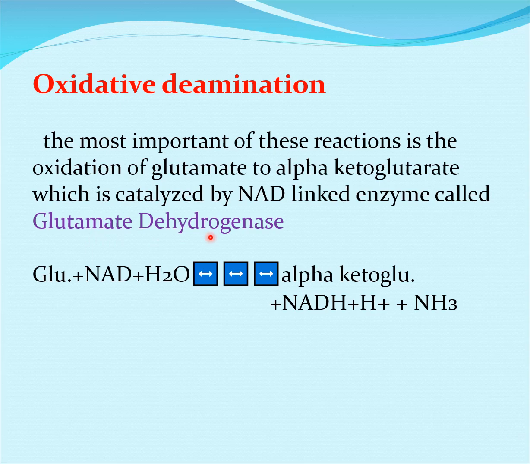From its name we know that it involves removing of hydrogen or proton, so it needs a coenzyme with a hydrogen acceptor. This is NAD. So glutamate dehydrogenase with its coenzyme NAD will remove the amino group from glutamate, forming alpha ketoglutarate and NADH.